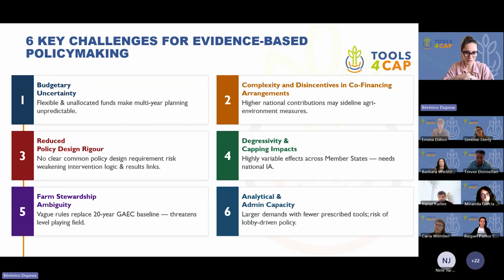Obviously, the project is Tools4CAP, so we promote evidence-based policy making. So we believe those tools are useful for making sure you can reach your objective using the best intervention for it. However, some of the decisions might be driven by, let's say, policy discourse rather than evidence.